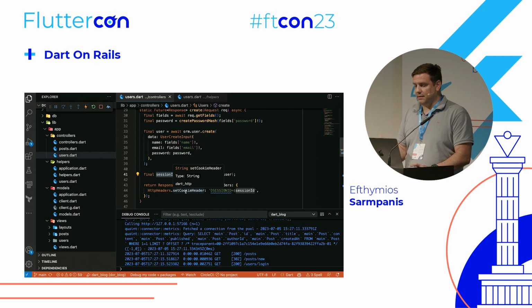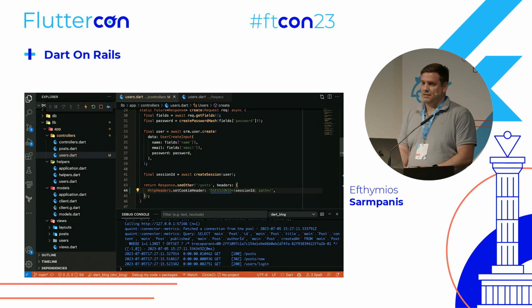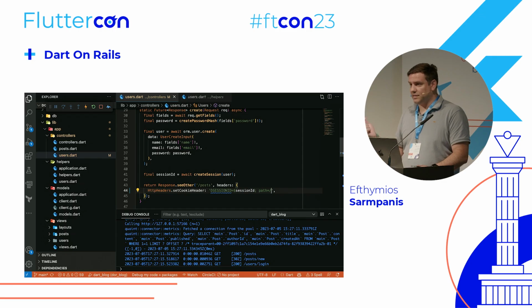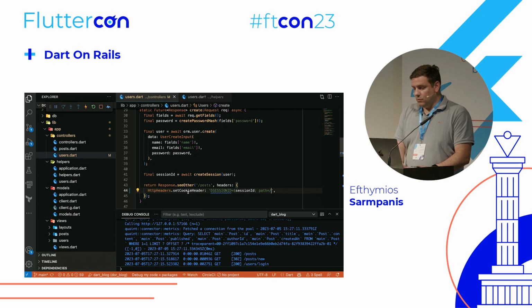Actually, this has a bug: we need to have the path as a slash. Otherwise we'll create a cookie for /posts, and we'll not access it in any other place of the app. We want it everywhere. Anyway, so we set the cookie.